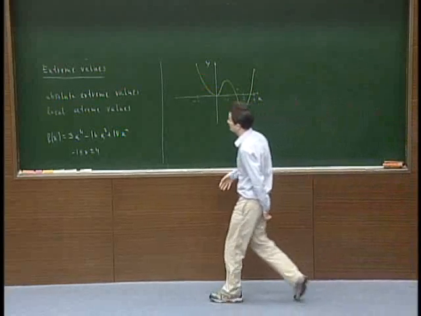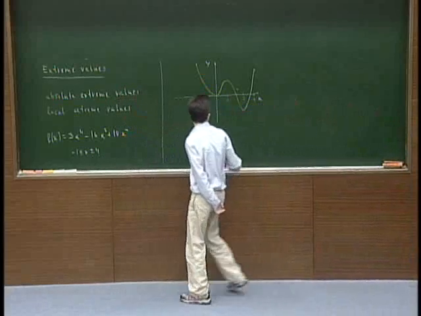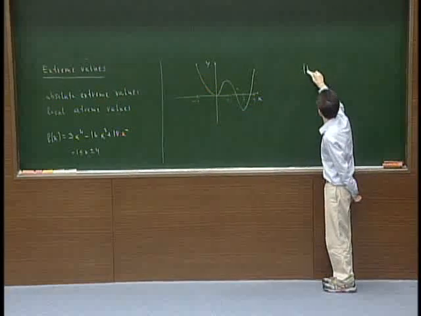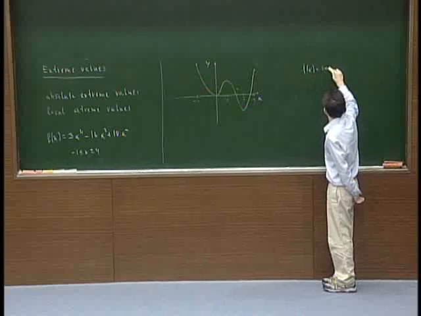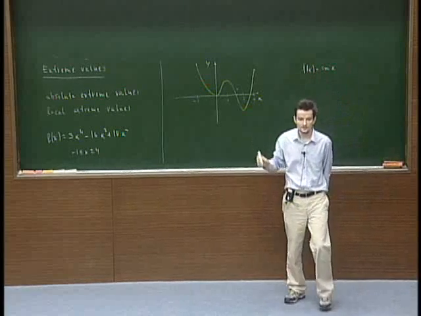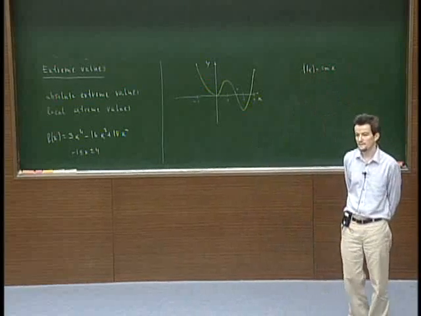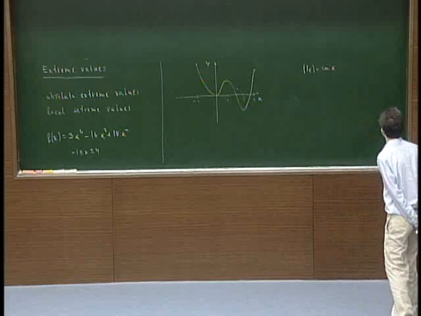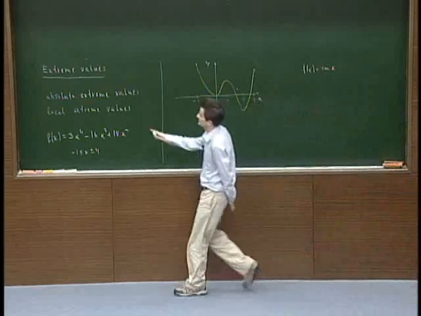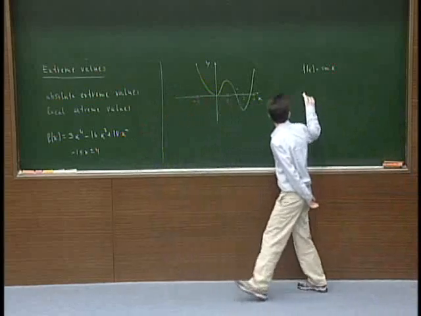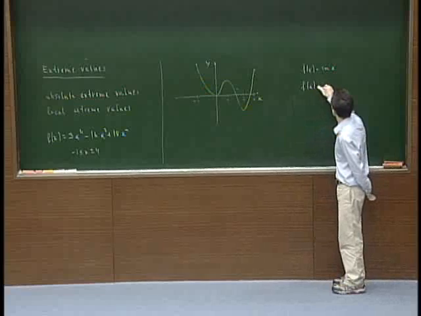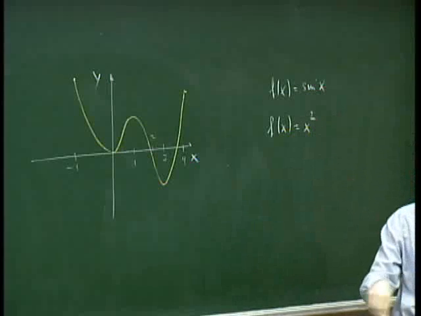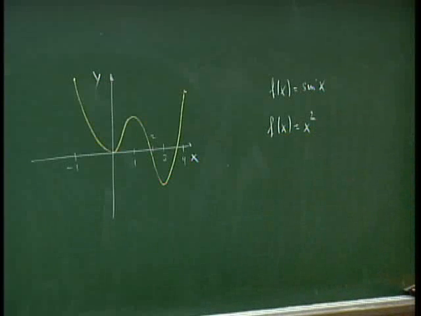Now, we know by looking at several examples, for instance, f of x is equal to sine of x. This function has many local maxima and local minima, which are indeed all absolute maxima and absolute minima. Now, if you look at the function f of x is equal to x squared, we know just by plotting the graph that there is only a local minimum, which is actually also the absolute minimum.